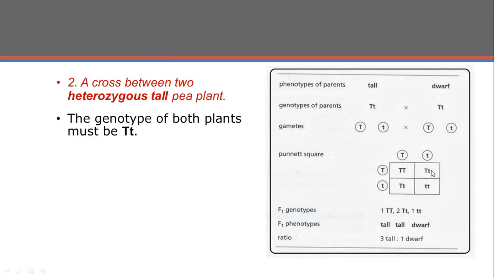We have capital T, small t, two of them, and one small t. Let's convert the genotypes to phenotypes. Capital T tall, capital T small t tall, small t dwarf. So I have the ratio of 3 tall to 1 dwarf. So the ratio is 75% to 25%. Okay?